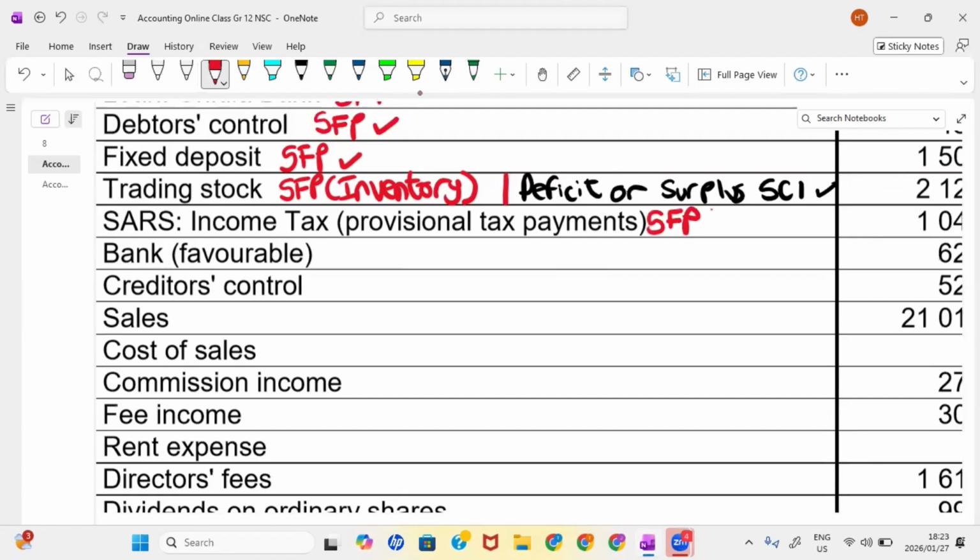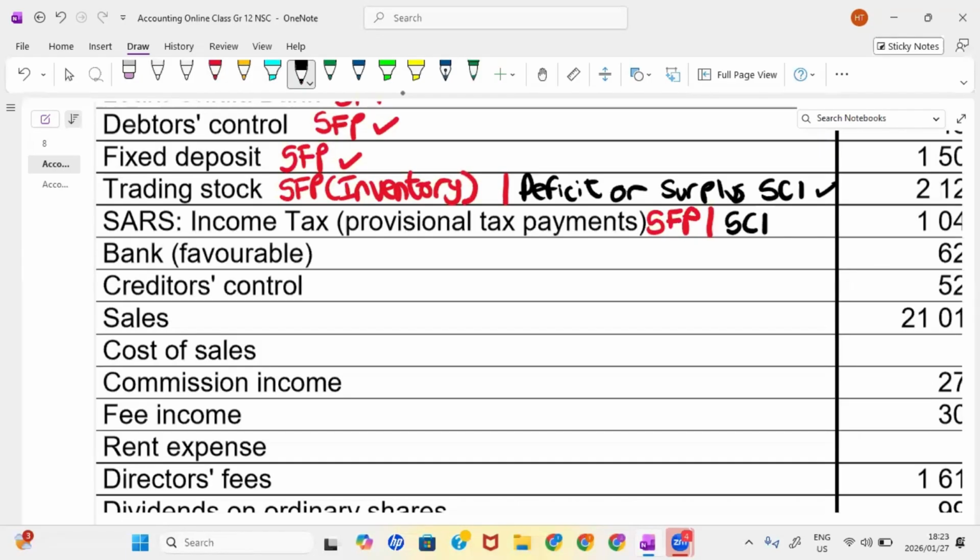However, we also have income tax in the statement of comprehensive income. The second last item will be income tax, which comes before the net profit after tax, right? But there's more to that. Now I'm just giving you the surface.